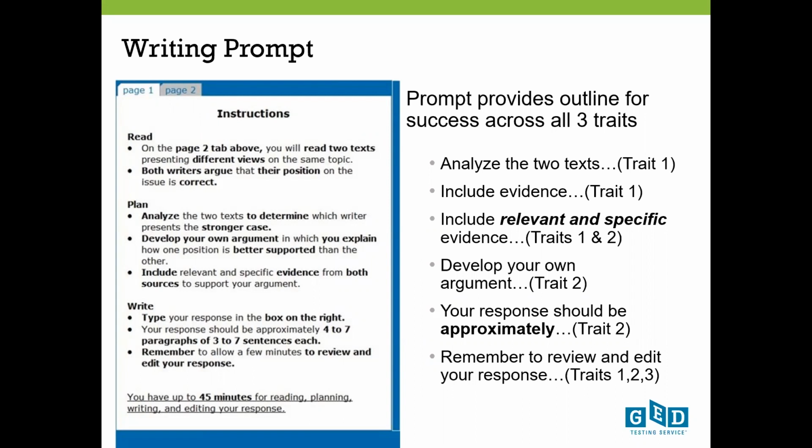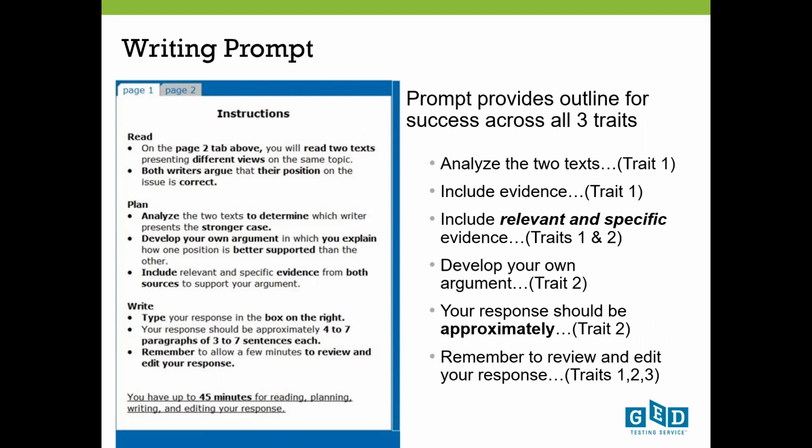And then it also tells students to include evidence, which is right there in trait 1 where it says the use of evidence. But also you'll see in the prompt that it doesn't just say include evidence, it says include relevant and specific evidence from both sources. And that really jumps from trait 1 into trait 2, which is the development of ideas and organizational structure.